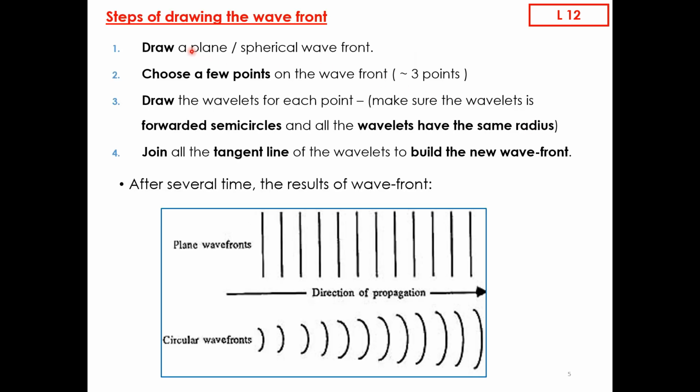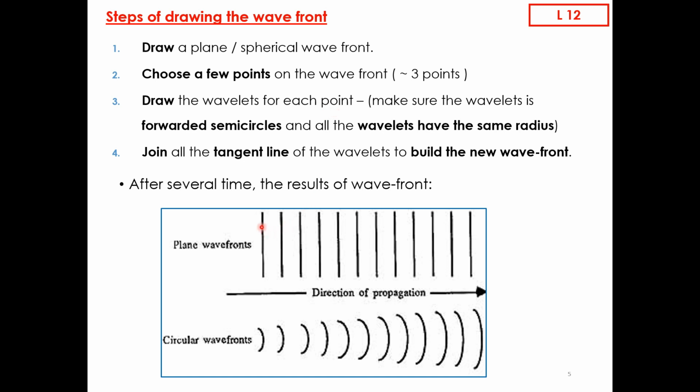Next, how to sketch the wavefront. First, we draw a plane or spherical wavefront. Second, choose a few points on the wavefront, at least 3 points. Let's say this plane wavefront, and we choose point 1, point 2, point 3. Step 3, draw the wavelet for each point.